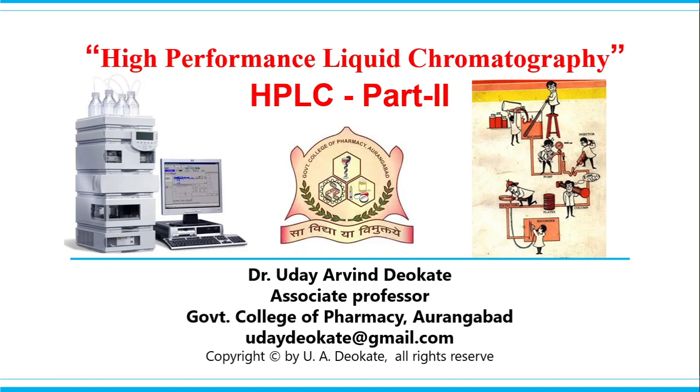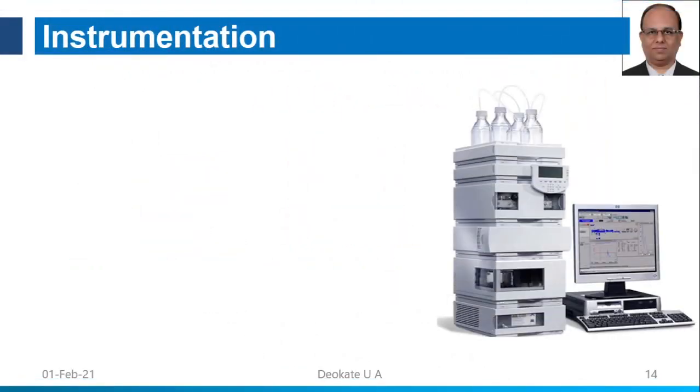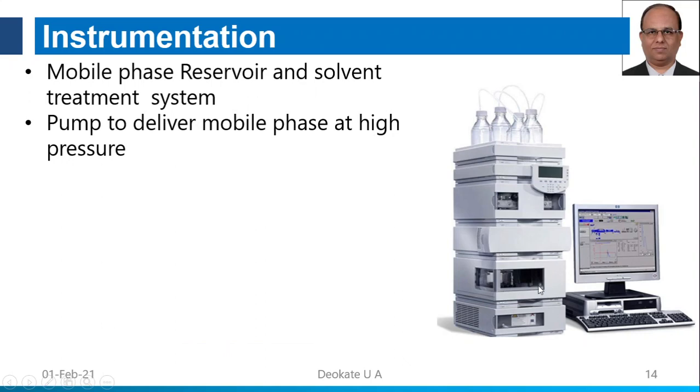Now today we will start with the instrumentation. The instrumentation which you are using in chromatography has a few basic components, like the mobile phase reservoir and solvent treatment system. Then the pump. These are the HPLC pumps to deliver mobile phase at high pressure.